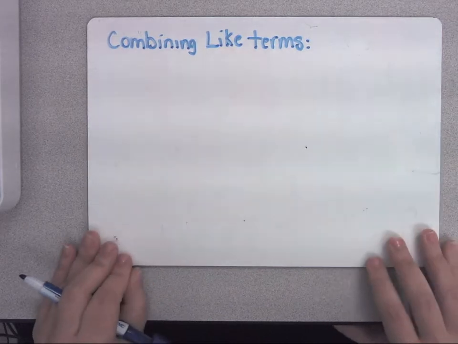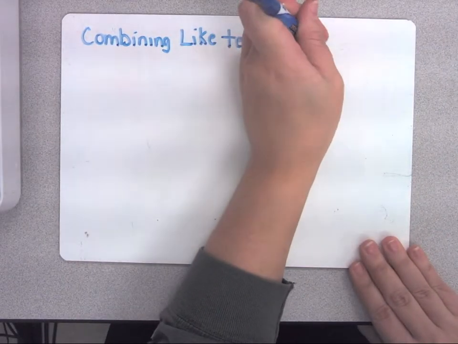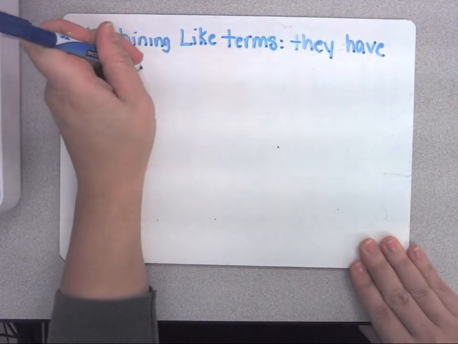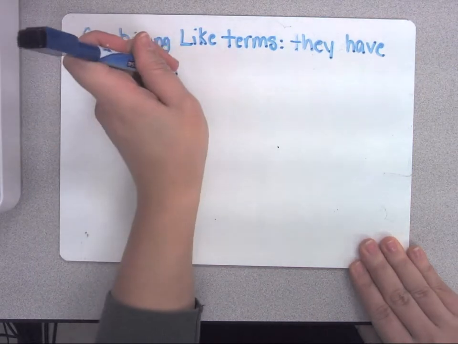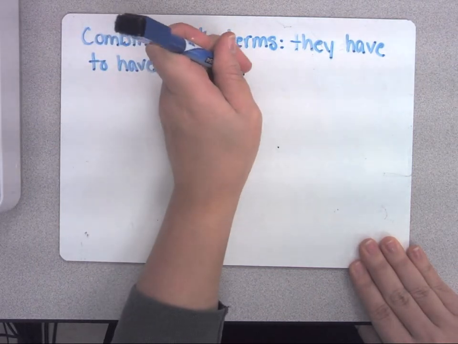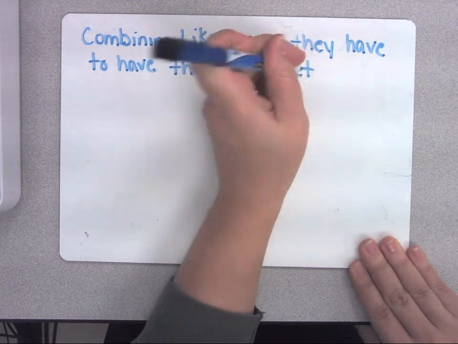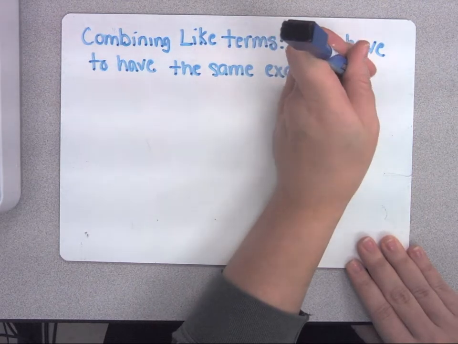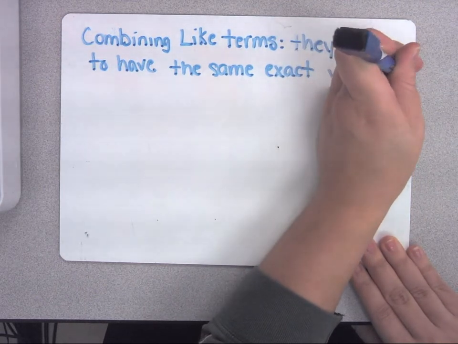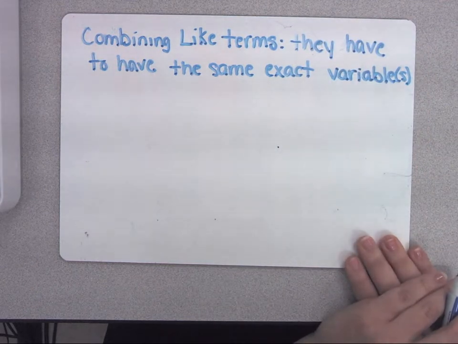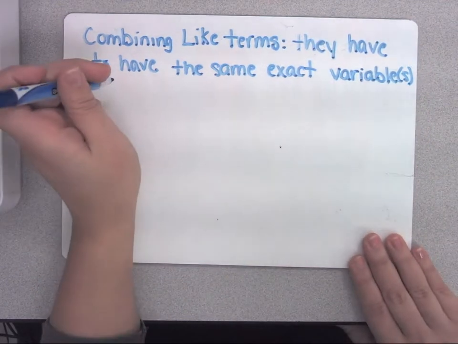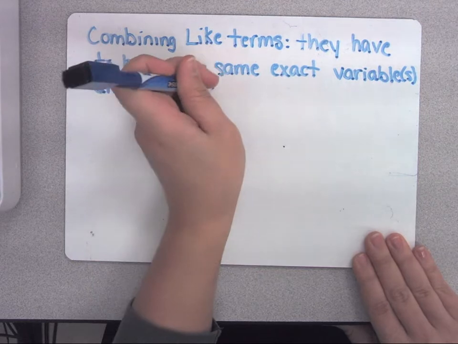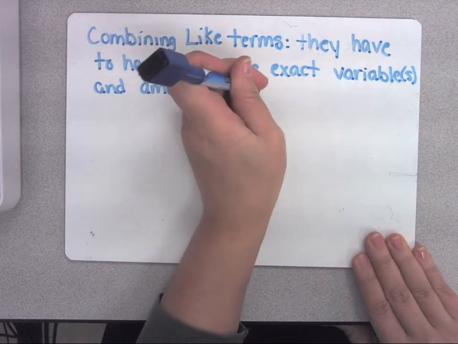Okay, combining like terms means they have to have the same exact variable(s), and I put S in parentheses because it'd be variable or variables depending on what they've got going on, and amount of them, or amount of variables.